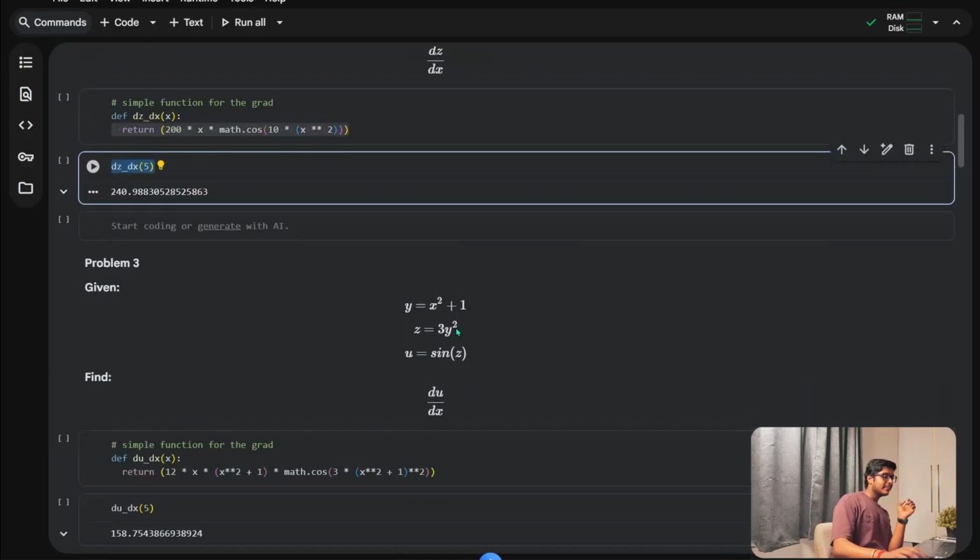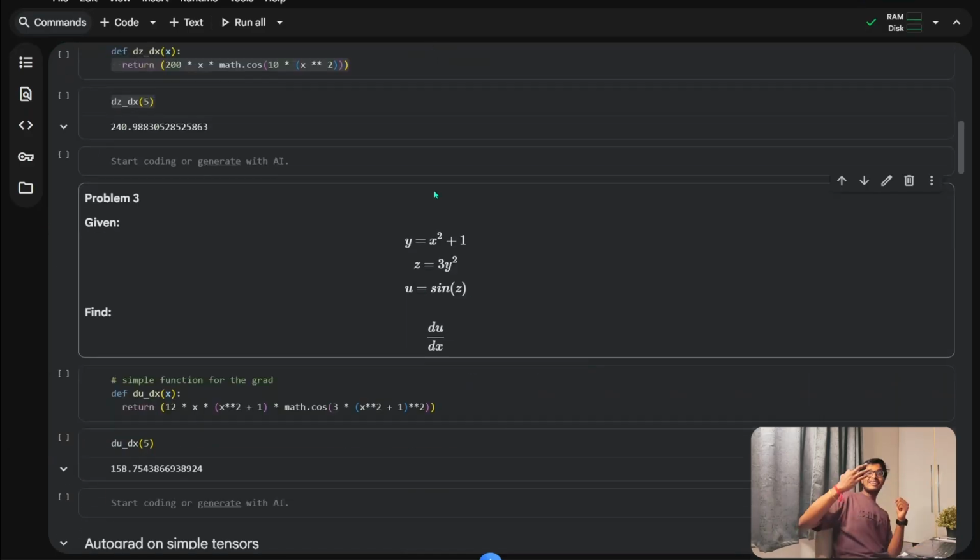Okay, and this was the third problem where we had three equations. So y equals x squared plus 1, z equals 3y squared, and u equals sin z. And we had to compute the derivative of u with respect to x. And what does it tell us? Simply, it tells us how much my u will change when I am changing my x.